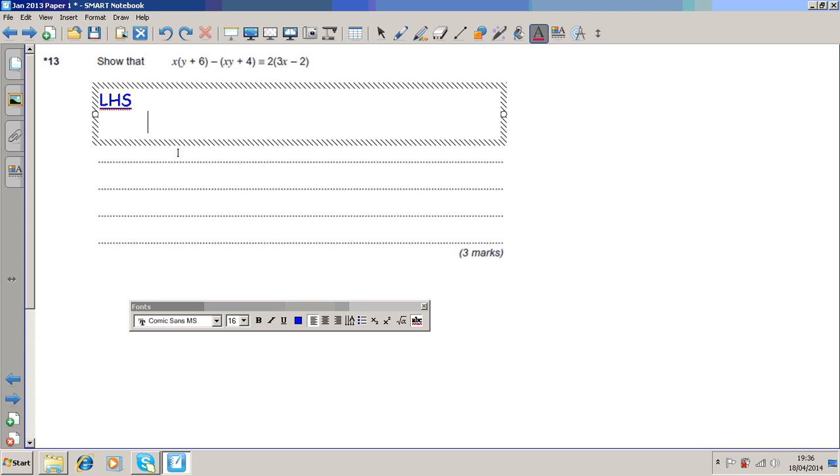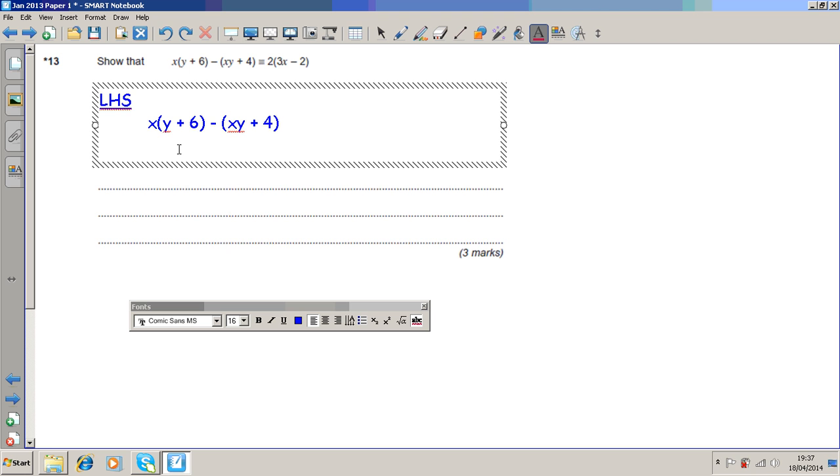x(y + 6), actually I'll write out in full because it's a star question. So I might as well put all the information on that we can. So that's the same as xy + 6x minus (xy + 4).